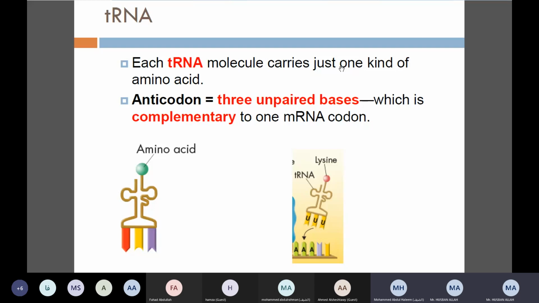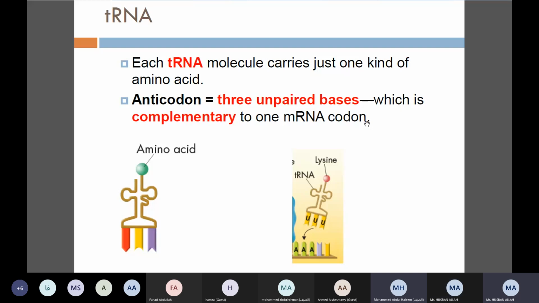But for a long chain, let's suppose the protein chain is made from 2000 amino acids, how many transfer RNAs do we need? 2000, right? Because one transfer RNA can carry only one amino acid.